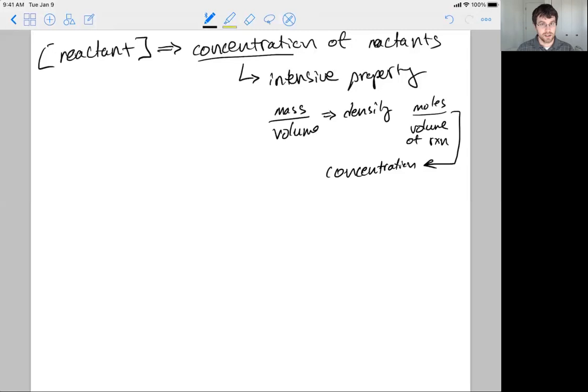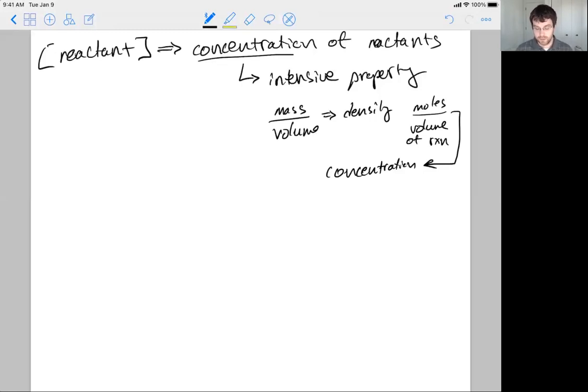With concentration, we can change the concentration by adding more solvent, but it's still an intensive property, because if we have a 1 mole per liter solution and we add 5 liters of that versus 2 liters of that, the concentration is not going to change. It doesn't matter how much stuff we've added with that particular concentration.